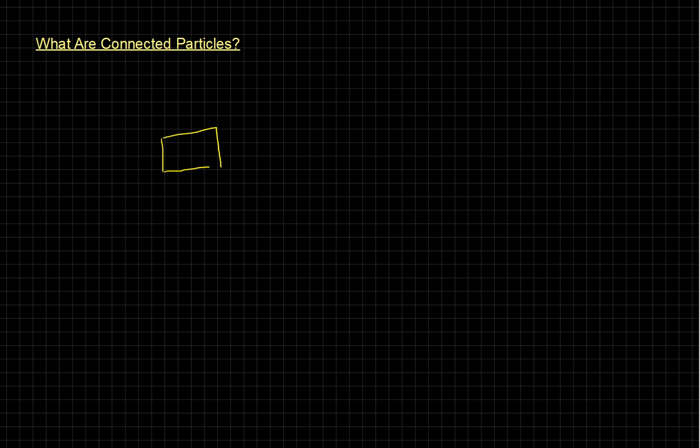So yeah, let's just clarify what we mean by connected particles. What's commonly imagined when you're thinking of connected particles is something as simple as, say, you've got a box, and it's sitting on a table, and there's, say, another box, say it's a slightly smaller one, and the idea is they are connected.